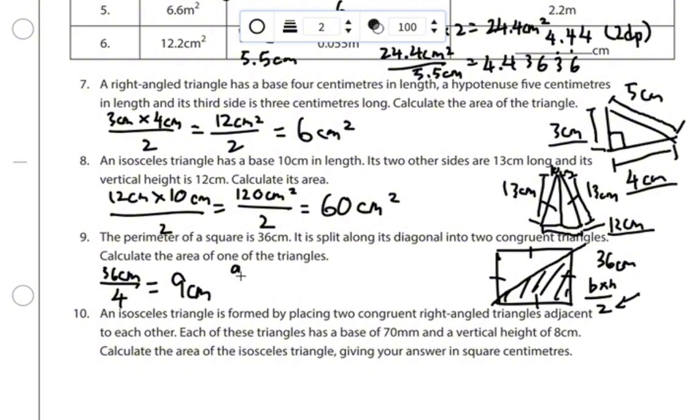So we will just take 9 cm multiplied with 9 cm divided by 2, which is 81 cm squared divided by 2. And we will get 40.5 cm squared. And that will be our answer for question 9.